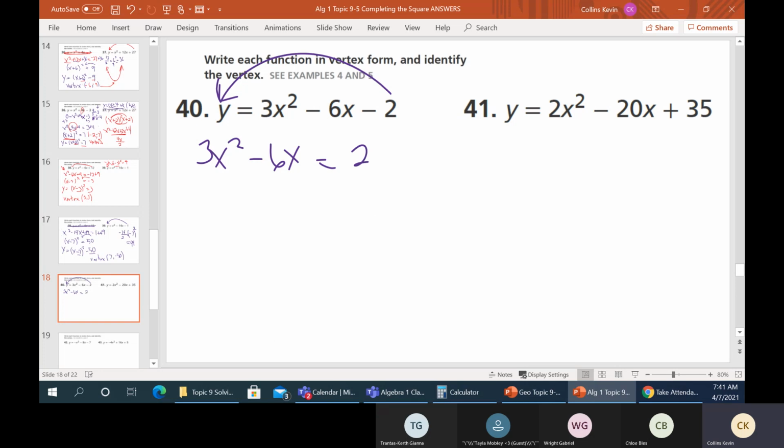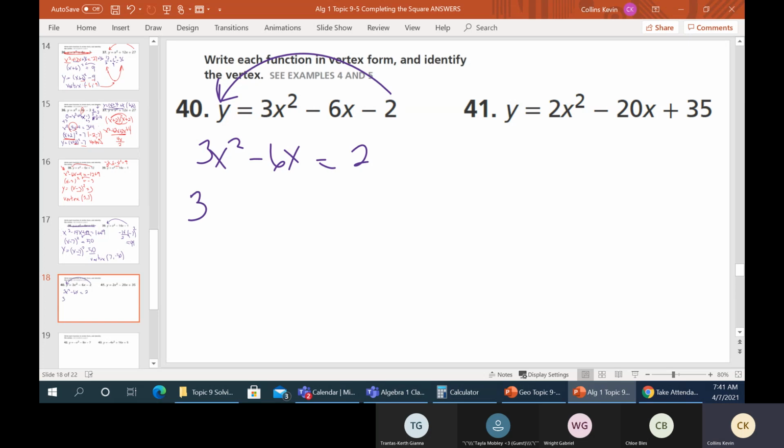Okay, so here's what we do with this one. Remember when we were completing the square, we said we'd like to have just an x squared up front, not a 3x squared. This actually works a little nicer than those other problems, because very conveniently we have a 3 and a 6. That means we can factor out a 3.